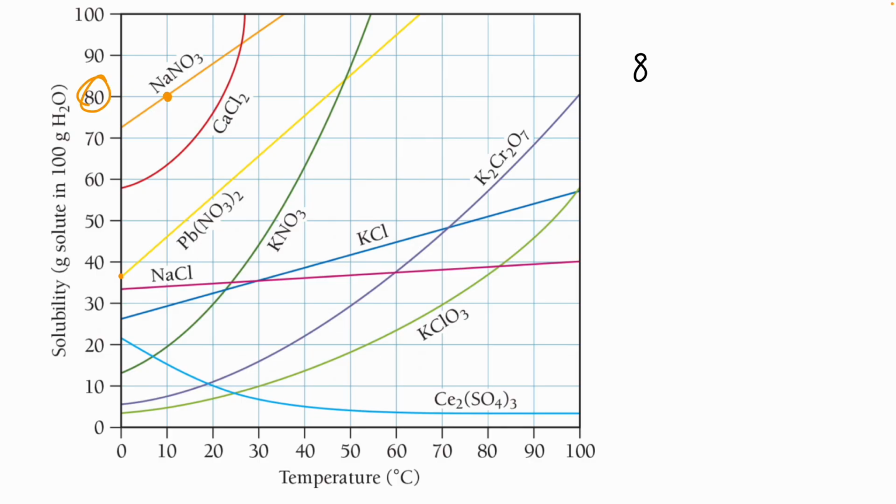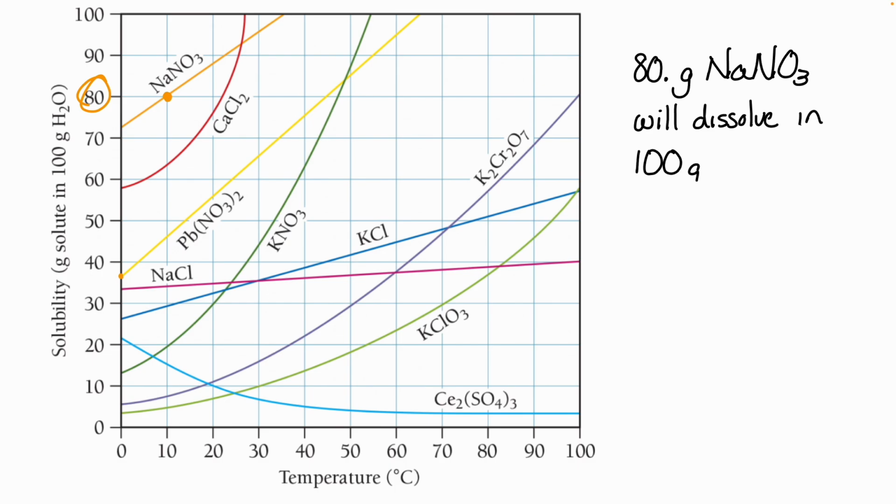This is telling me that 80 grams of sodium nitrate, NaNO3, will dissolve in 100 grams of water at 10 degrees Celsius. Again, my solubility values are grams of solute, so 80 grams of solute will dissolve in 100 grams of water.